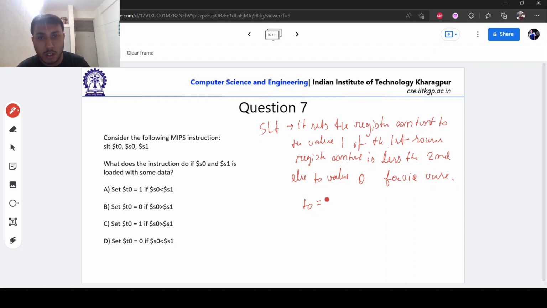So basically T0 will be set to 1 if S0 is less than S1. Also T0 will be set to 0 if S0 is greater than S1.